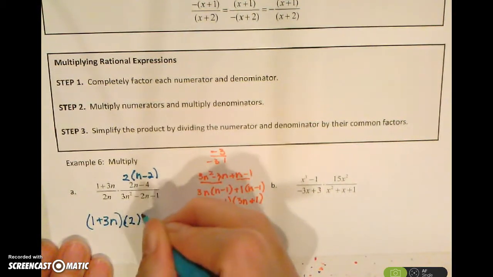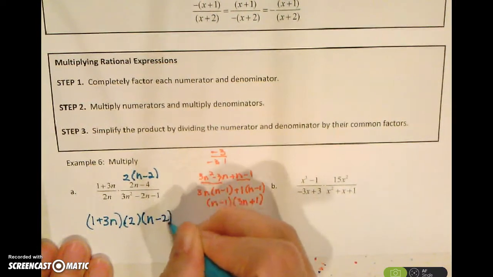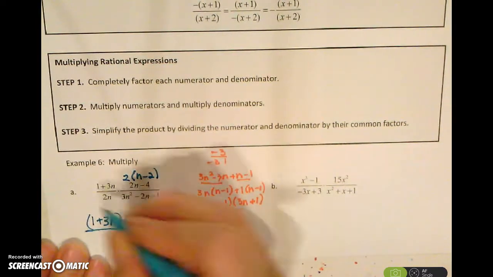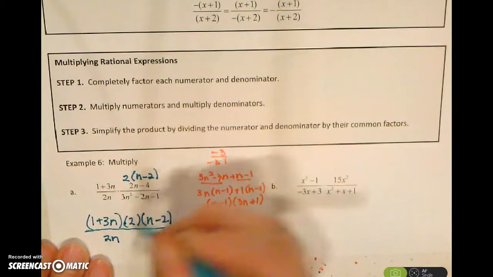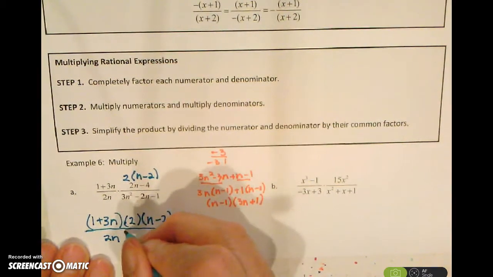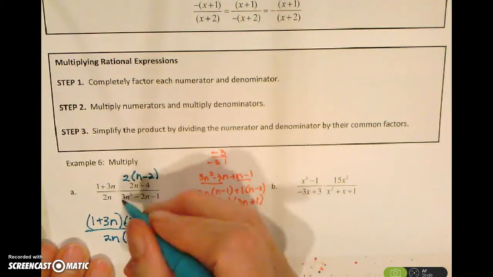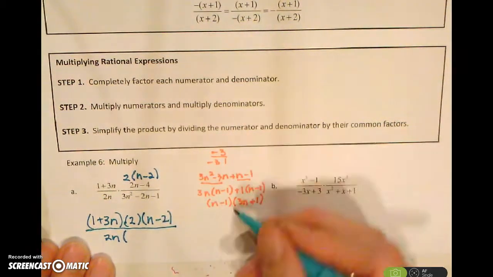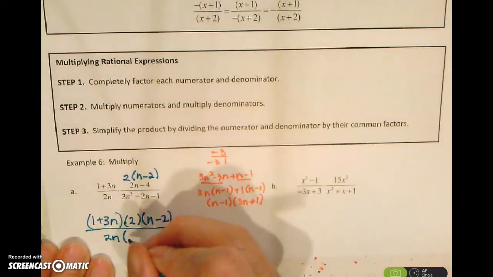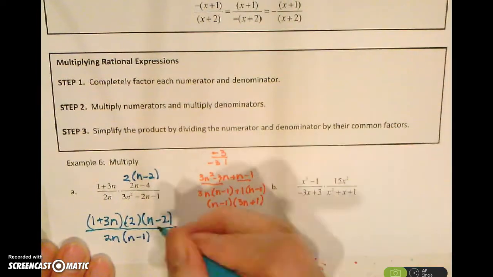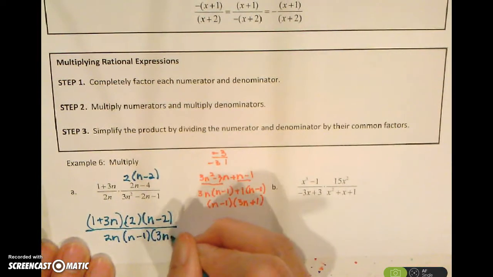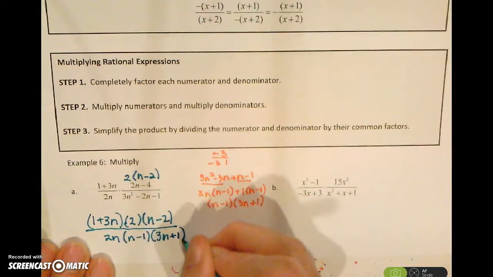I'll put my parentheses, and then n minus 2. And in the denominator, I'm going to have the 2n. And I'm going to multiply it times 3n squared minus 2n minus 1 factored, which I've got written over here as n minus 1, and 3n plus 1.